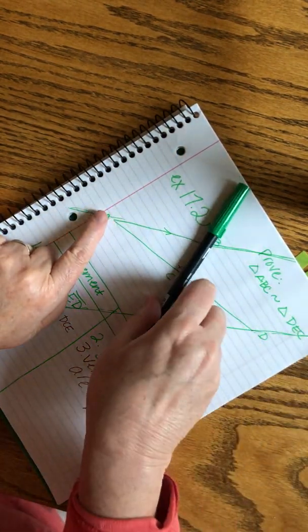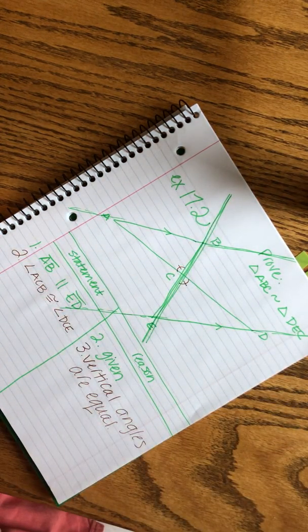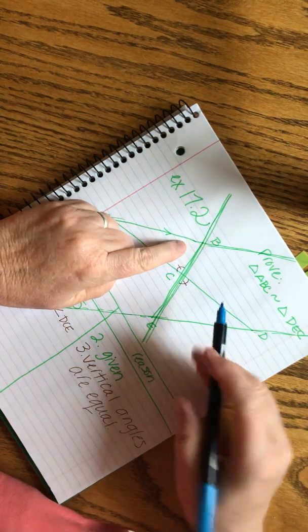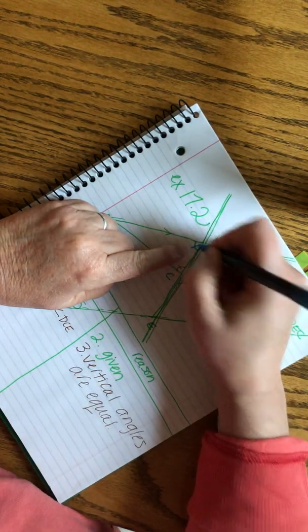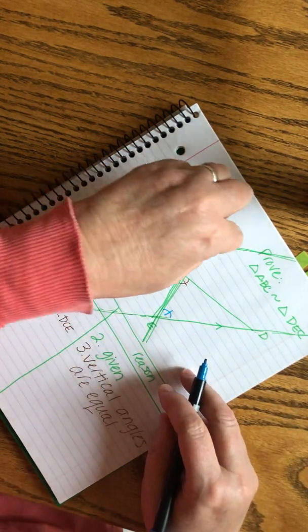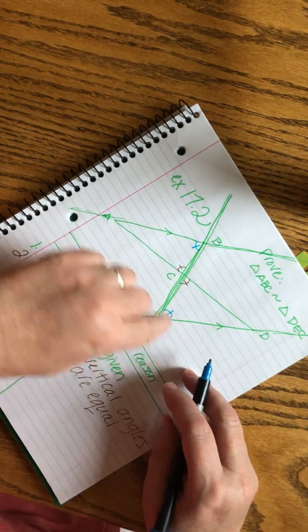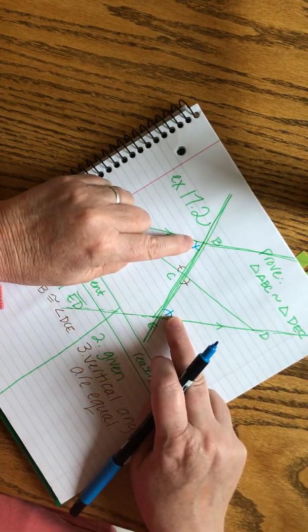I'm just gonna pay attention to this line. And I see that this angle is the smaller, right? And this angle is the smaller, right? It goes larger, smaller, smaller, larger. So these 2 angles would be the same.